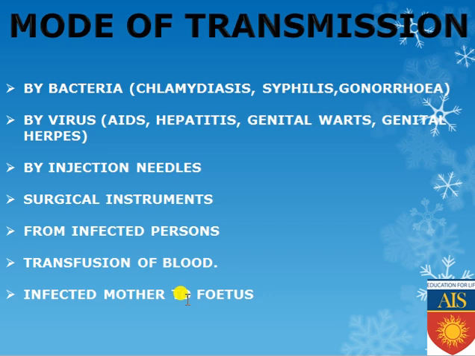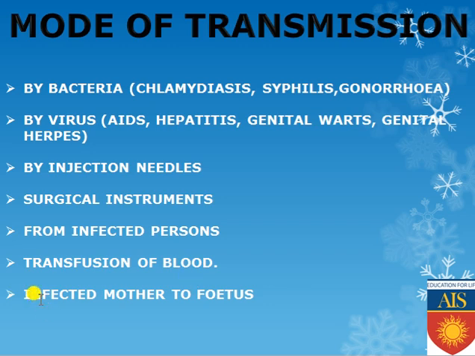By using the surgical instruments also, these diseases can be transmitted from the infected person, as well as directly from the infected person by the help of sexual intercourse. This specific type of disease can get transmitted, that is written in point number 3. If the blood of the infected person is getting transmitted to the healthy person, in that case also the disease can get transmitted through the blood.